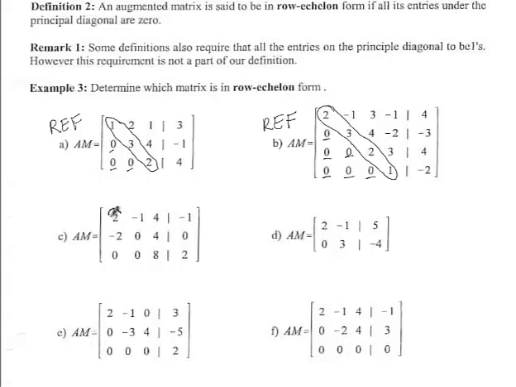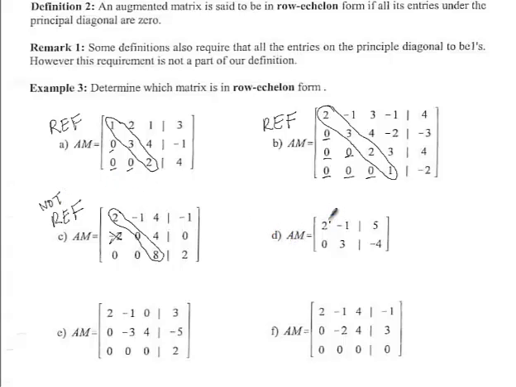For C matrix, our principal diagonal is 2, 0, 8. However, the entry -2 below that causes it to not be in row echelon form. Not row echelon form.